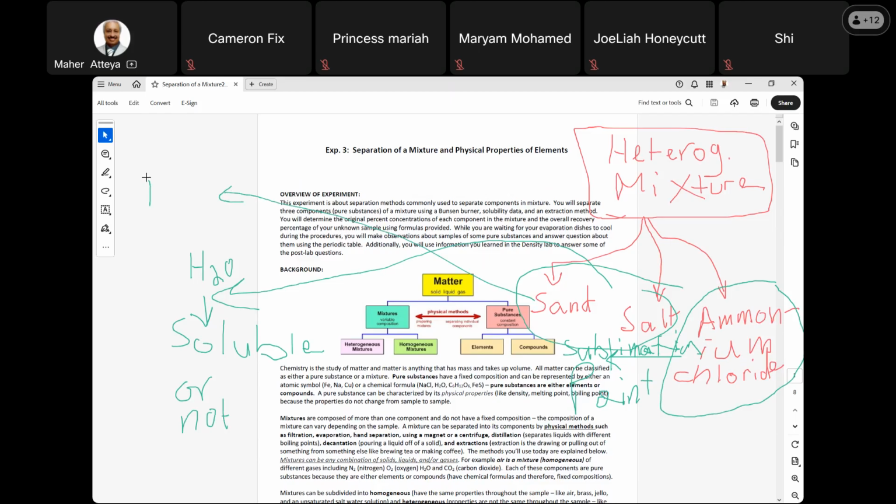Sand is insoluble, and the kitchen salt is soluble.